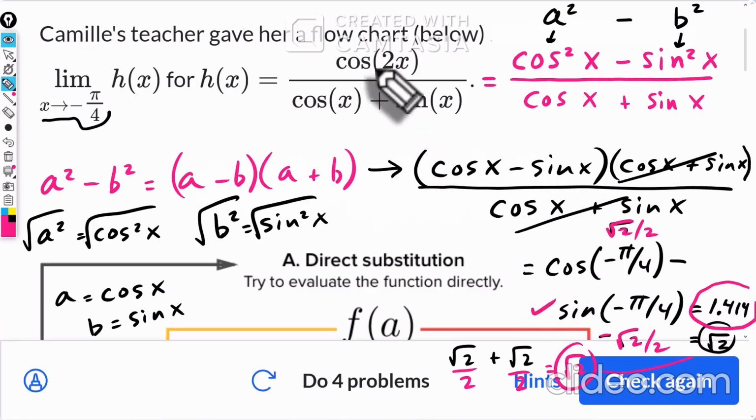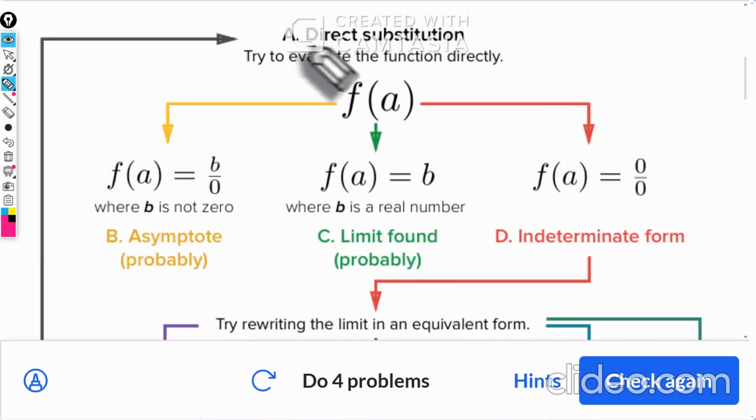Okay, so we did direct substitution. We got 0 over 0, which is indeterminate form. We used a trig identity and then tried again, and it worked. All right, so on the flow chart, we used direct substitution. That's A. And we got 0 over 0. That's D. And then what did we do?